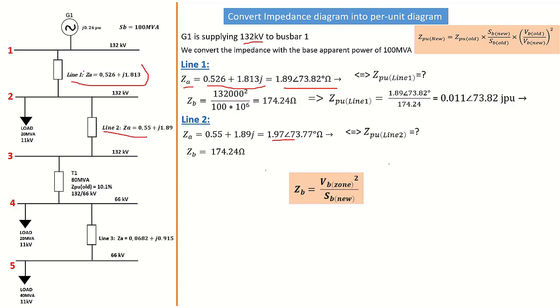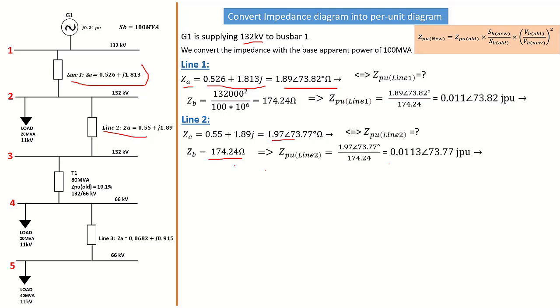As we can see, zone 1 and zone 2 have the same magnitude, so it's still 132 kilovolt on this bus bar. So ZB remains unchanged. Then we can quickly calculate our Z per unit for line 2. Replacing the values in the formula gives us 0.0113 with an angle of 73.77 degrees j per unit ohm. So that's the value for Z per unit for line 2.